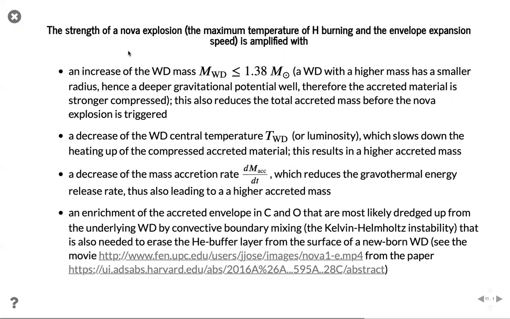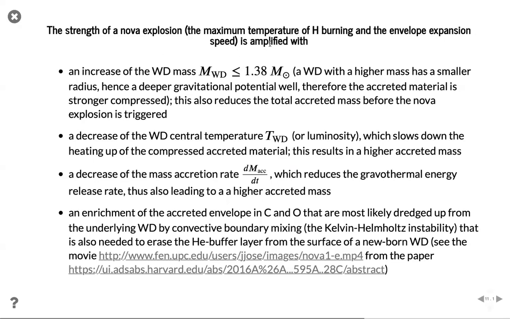Of course, the maximum temperature is reached at the bottom of the envelope where the density and pressure have maximum values. And also, as a result, the velocity of expansion. So therefore, the strength of a nova explosion, as I explained here in parentheses, is the maximum temperature of hydrogen burning and the envelope expansion speed.